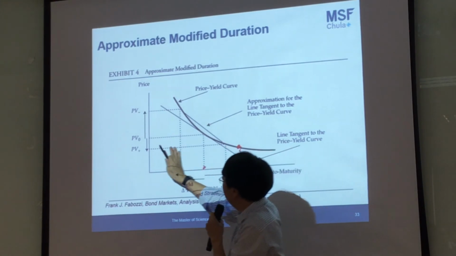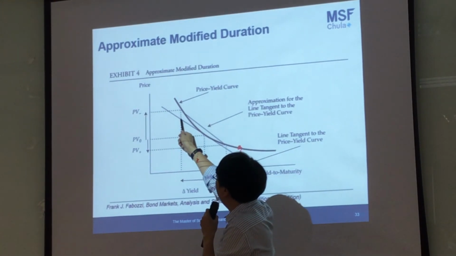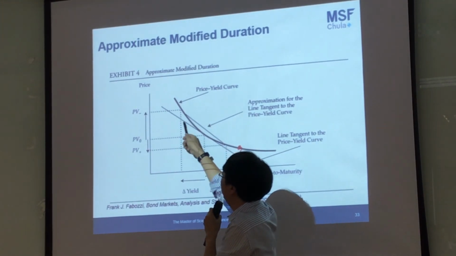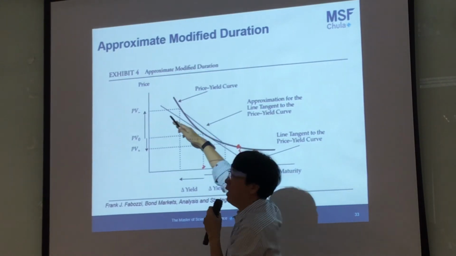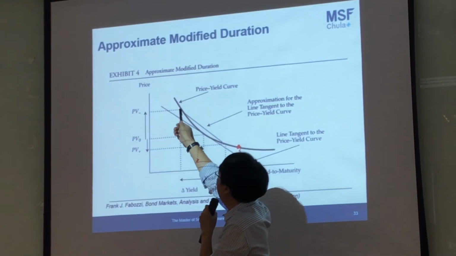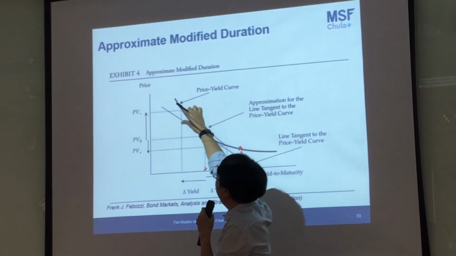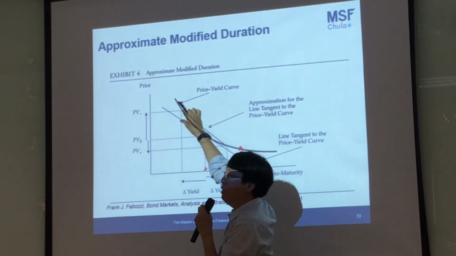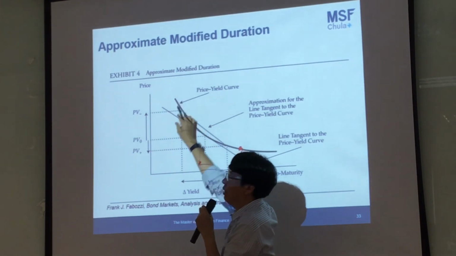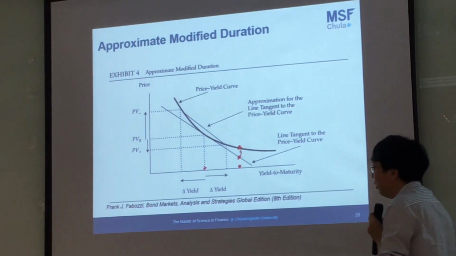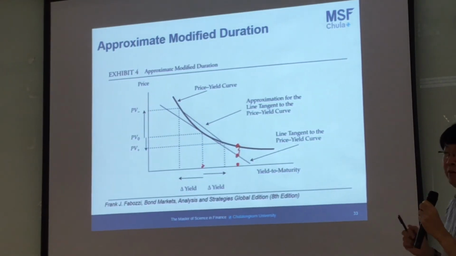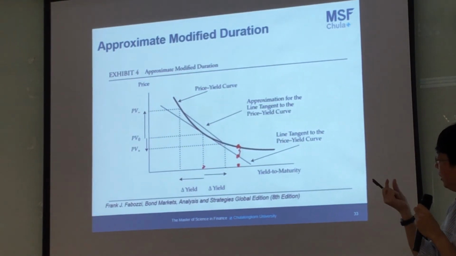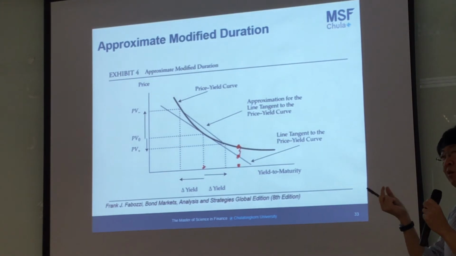Same idea when the yield decreases, the bond price increases, based on this line, the tangent line here. But the actual bond price increased only to here. So this is the error too. This is the error based on the duration, the bond price change estimated by the duration. So duration will work well if we assume the change of the yield is very marginal, small.